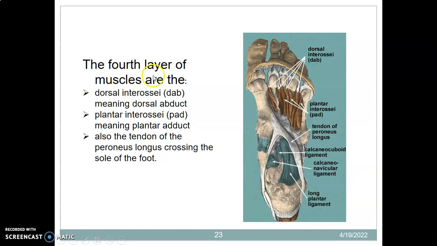And lastly, the fourth layer has the dorsal interossei that abduct, plantar interossei that adduct, and you have peroneus longus from the lateral compartment of the leg passing posterior to the lateral malleolus of the fibula, crossing from lateral to medial to insert towards the medial aspect of the foot. So that's your peroneus longus.